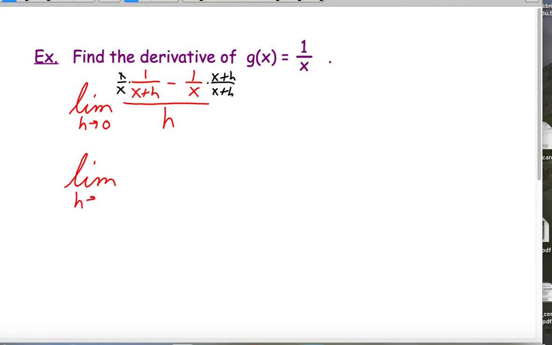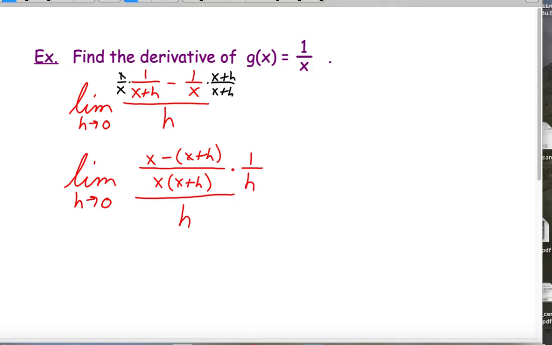So I get the limit as h approaches 0 of x minus x plus h, I'll use parentheses so I don't forget to distribute that negative sign, over the common denominator, which is x times a quantity x plus h. And then all of that is over h. But we know dividing by h is the same as multiplying by 1 over h. So there goes my complex fraction.